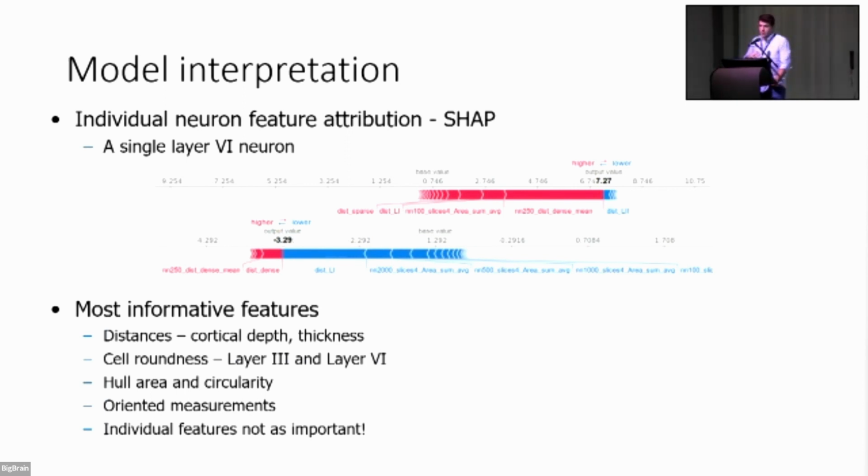So we can do this at the instance level, or we can do this also at the model level, of course, which characterizes which features in the neuronal representations are most informative for a given model, right?